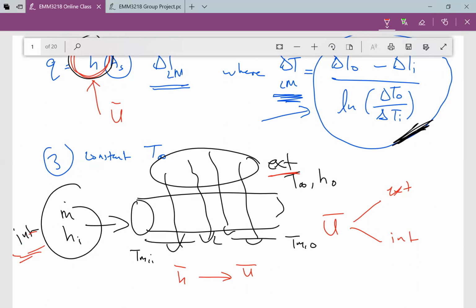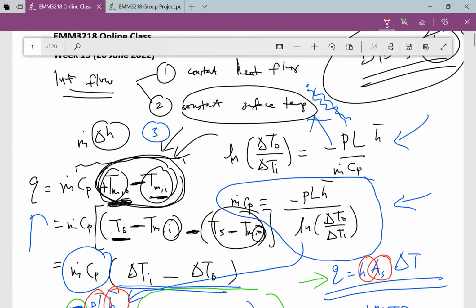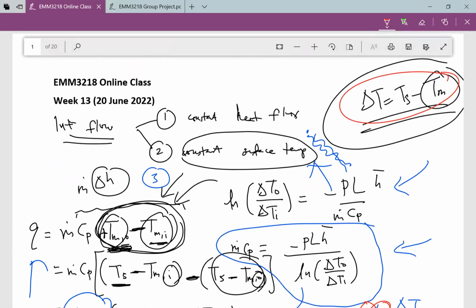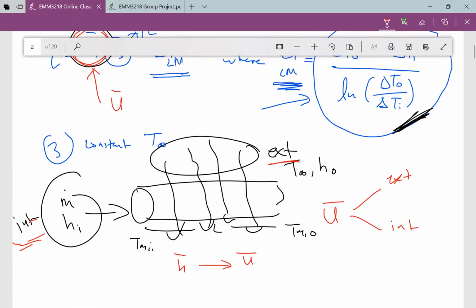You'll see that in the heat exchanger, when we have this delta T, which is Ts minus Tm, in the third case, the Ts is going to approach the T infinity, right? Because your surface is now exposed to the surrounding outer fluid at T infinity that is constant.